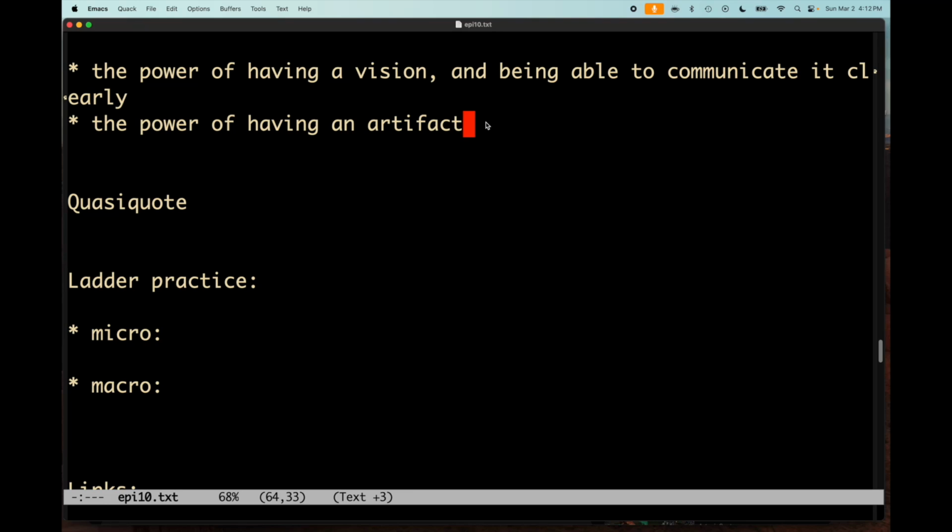But if you have an artifact that you can work on for a long period of time, like Chez Scheme or Dr. Racket, to pick two examples, or Chow Prologue, then there's a way to organize your work around the artifact. And if the artifact's around for a long time and keeps growing or improving in different ways, then people can interact with that artifact. I think there's a lot of power in that.